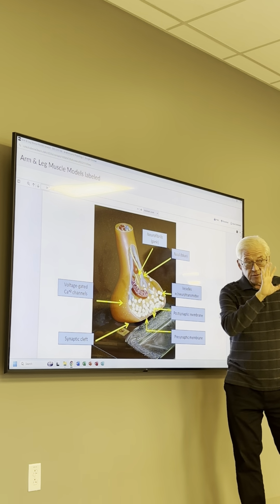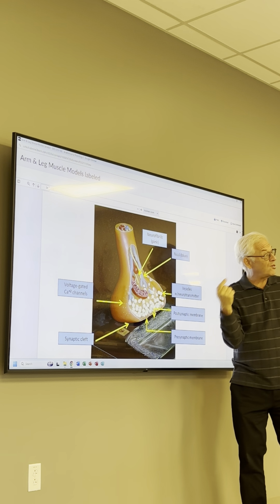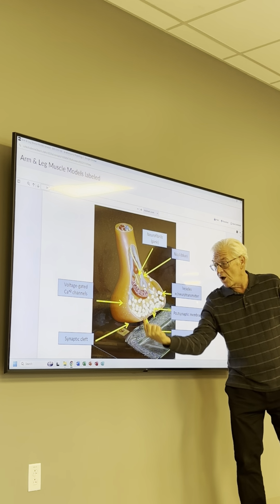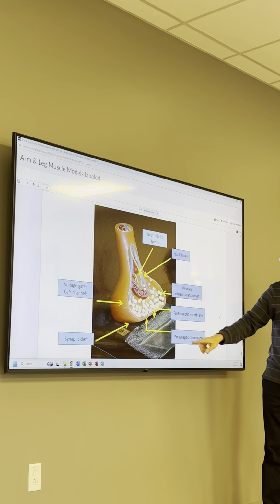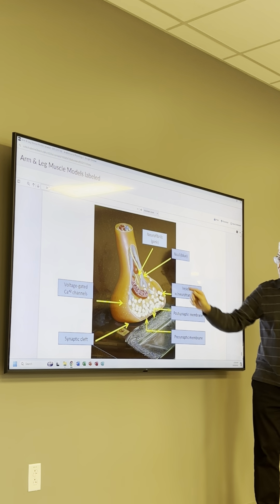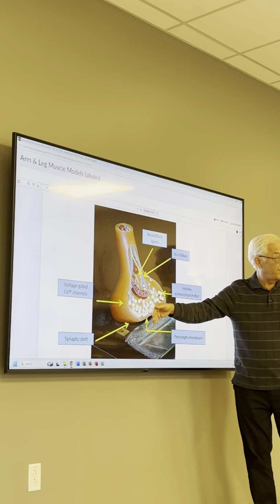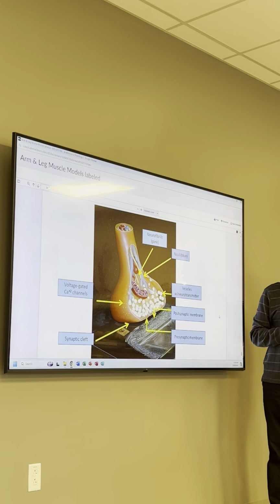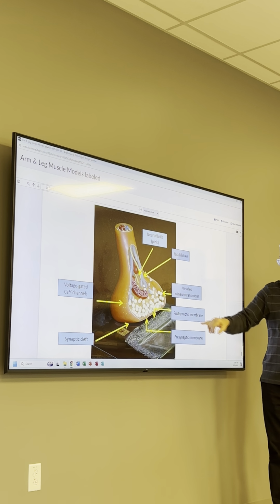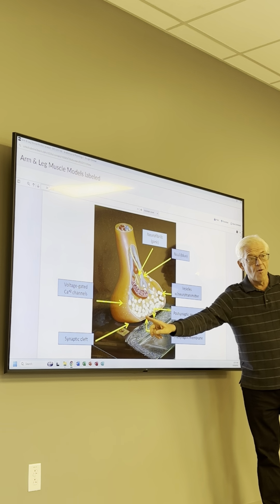Now, just for testing purposes, whether it be chapter test or lab, we call the surface of the bouton the presynaptic membrane, and we call the surface of the muscle or the nerve he talks to the postsynaptic membrane. Got it? After the synapse and before the synapse.